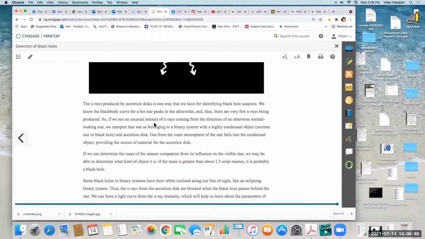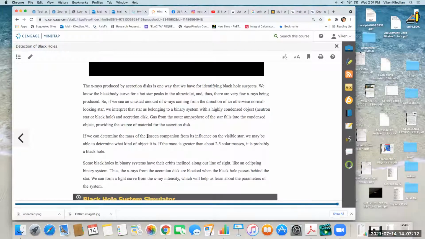So if we see an unusual amount of X-rays coming from the direction of an otherwise normal-looking star, we interpret that star as belonging to a binary star system with a highly condensed object, which is likely to be a neutron star or black hole. Gas from the outer atmosphere of the star falls into the condensed object, providing the source of material. Remember how we talked about the Roche lobe and one star feeding another star?